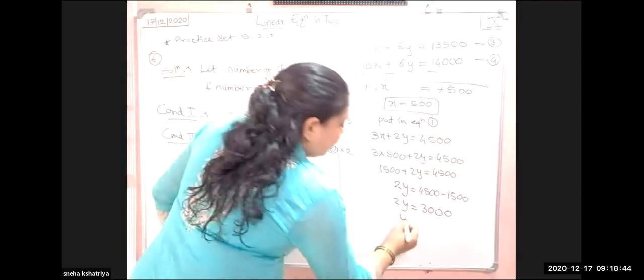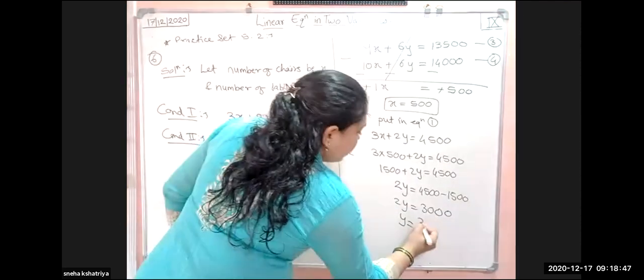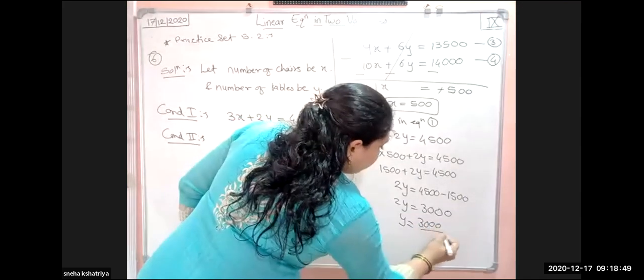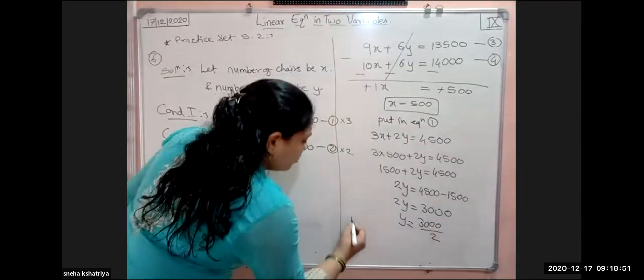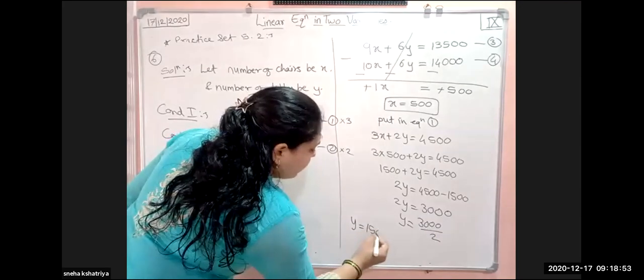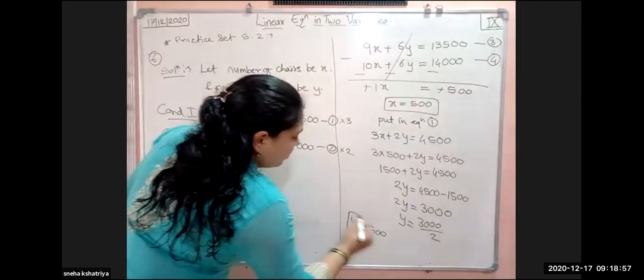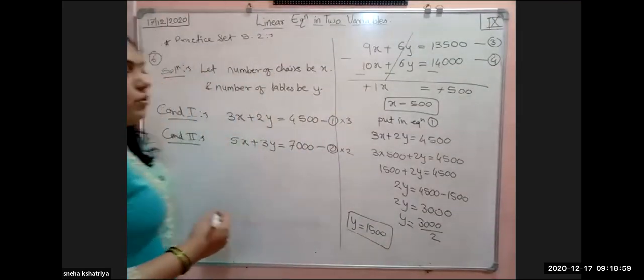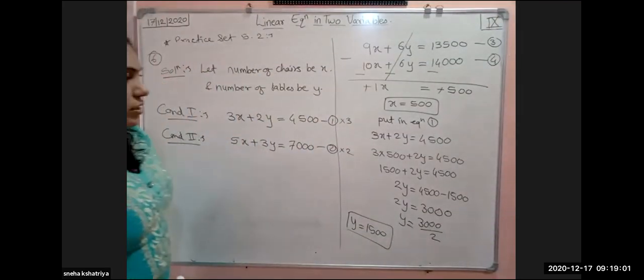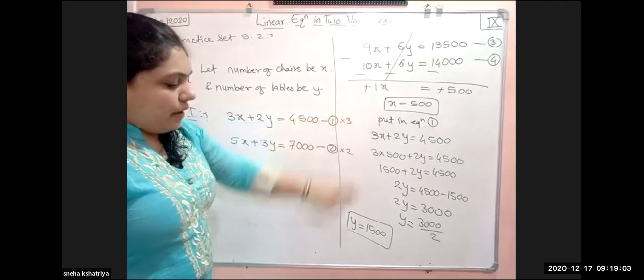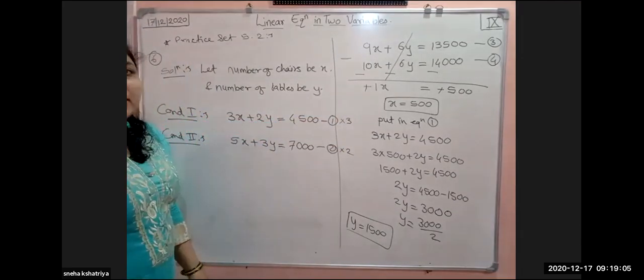Now divide by 2. This 2 will go to the right side, meaning it will become divide. Divide by 2. So y is equal to how much? 1500. So you get the value of x as 500 and the value of y as 1500.